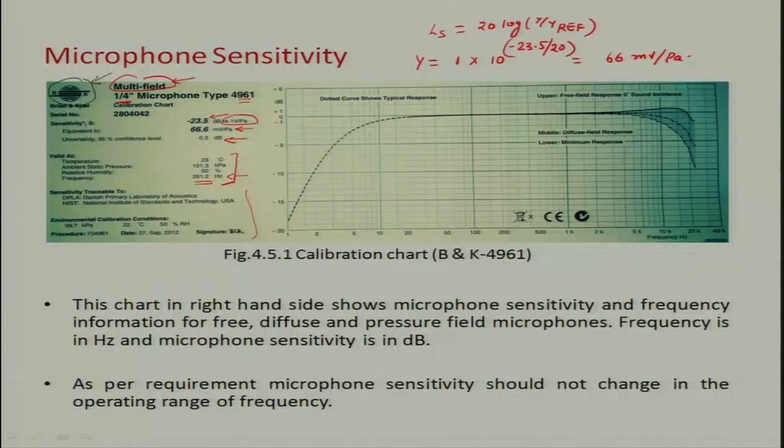If this decibel value is 0, for instance at 50 hertz, 100 hertz, 200 hertz and 1000 hertz, then in this range the sensitivity is minus 23.5 decibels; it is flat.